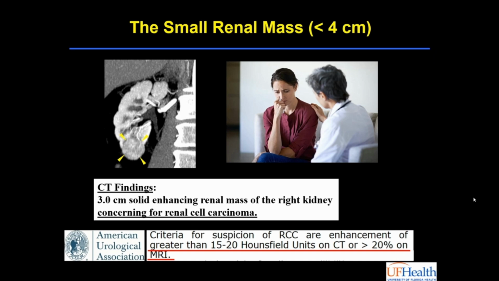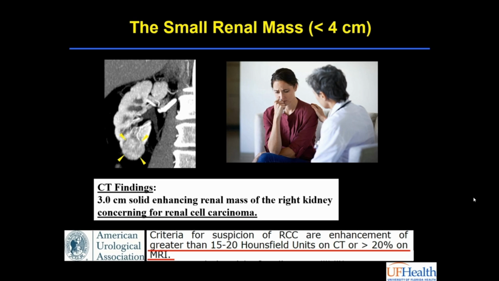However, this particular slide really encapsulates the current dilemma that we face, which is how do we assess the small renal mass, really defined by solid renal tumors less than 4 centimeters. So these are not the cystic renal collections that are generally considered benign.